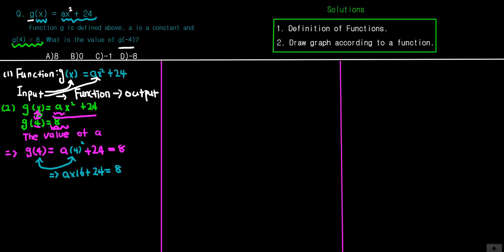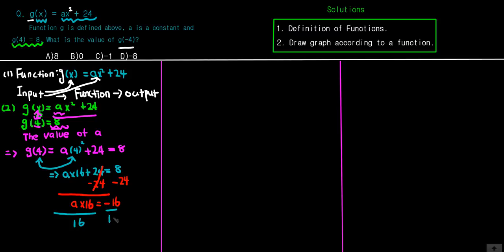All we have to do right now is subtract 24 from both sides to isolate a times 16 on the left side. The 24 and minus 24 cancel out, and we get a times 16 is equal to 8 minus 24, which is negative 16. And we can divide the whole expression by 16 to isolate a on the left side.